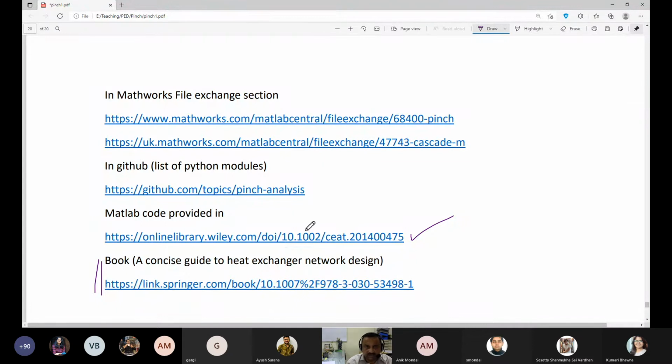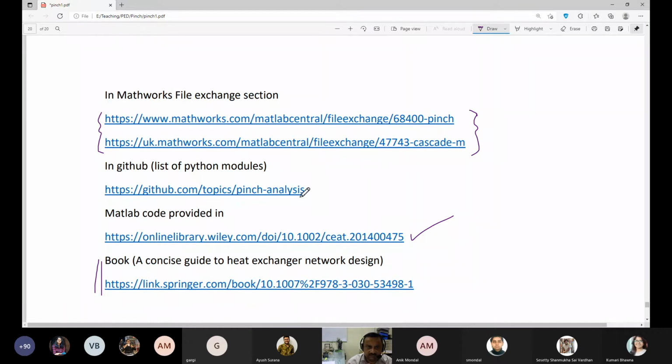There are also files in the MathWorks File Exchange section which allow you to change things in an interactive manner. So it is not just writing code. You have to download something from that site and then feed that information in an interactive manner.